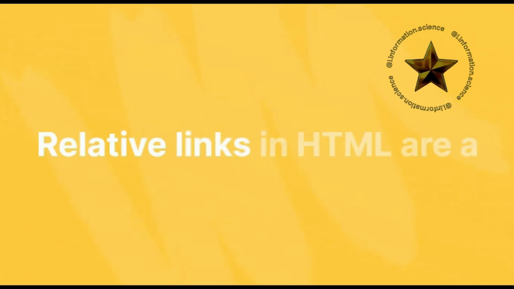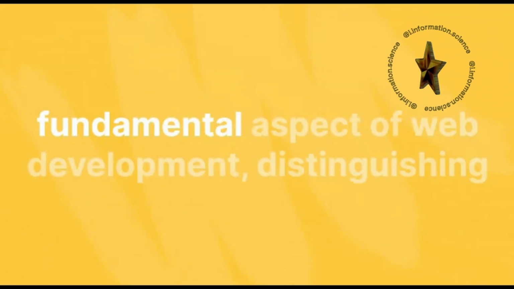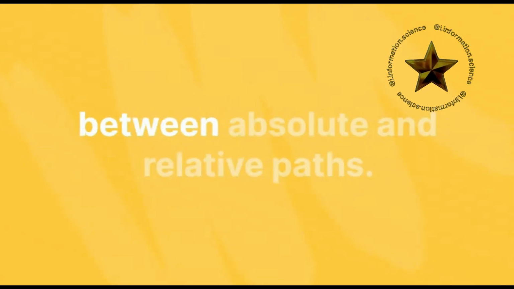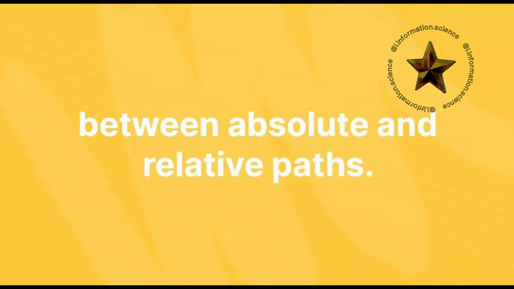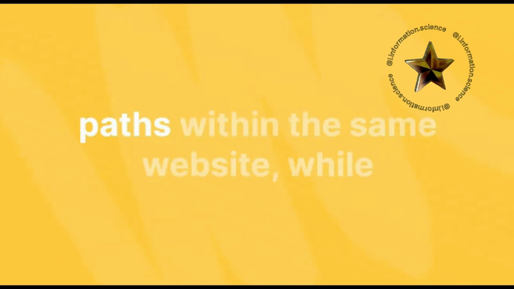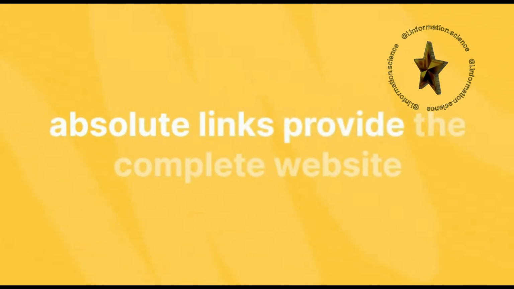Relative links in HTML are a fundamental aspect of web development, distinguishing between absolute and relative paths. Relative links point to files or paths within the same website, while absolute links provide the complete website address.